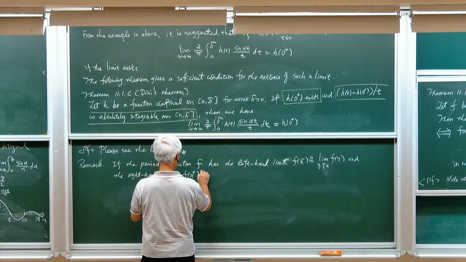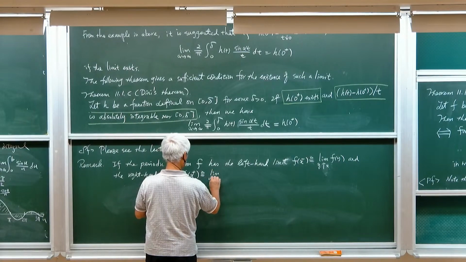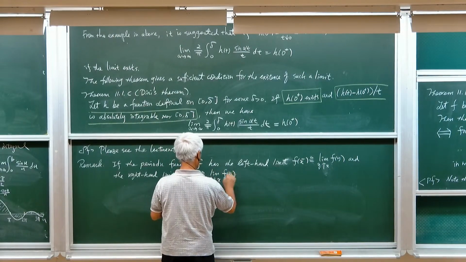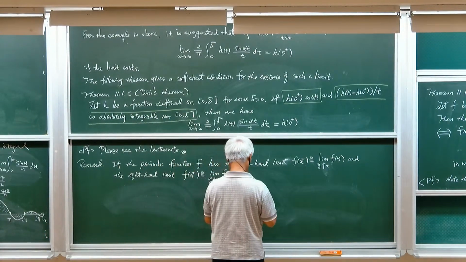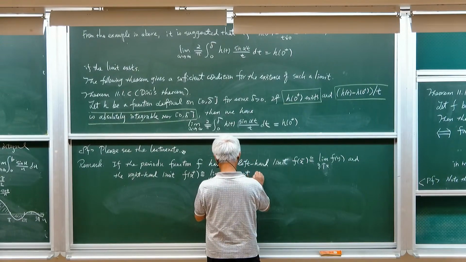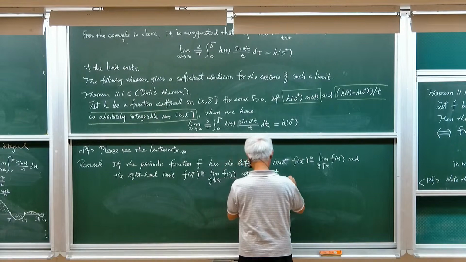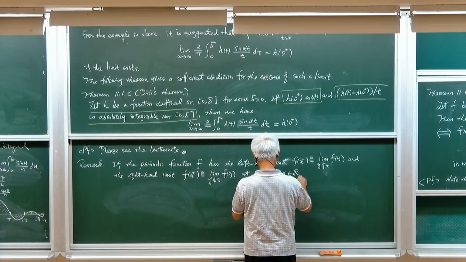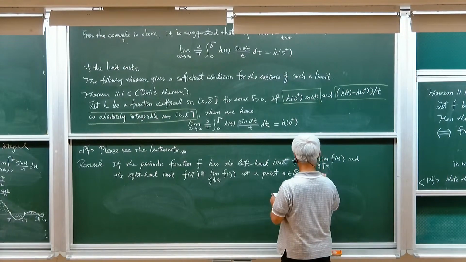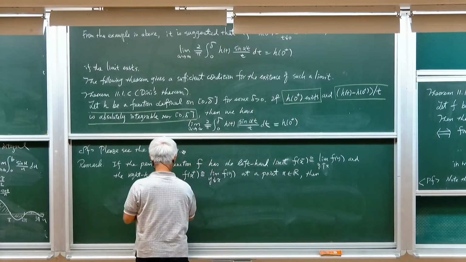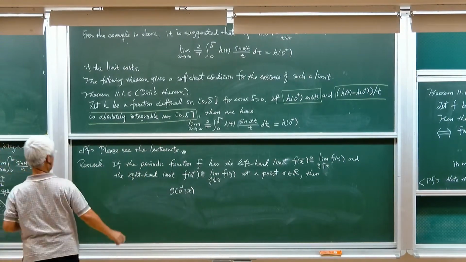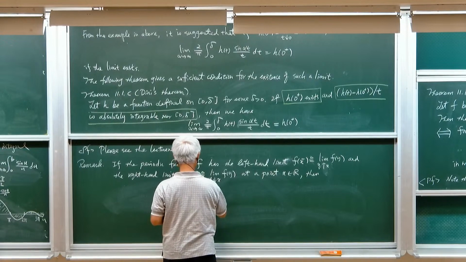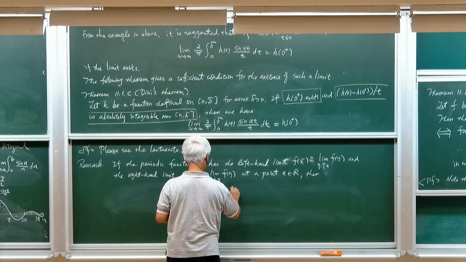x plus, y goes down to x, at a point x in R, then g at 0 plus, the g function, is the limit as t goes down to 0 of g of t, x.